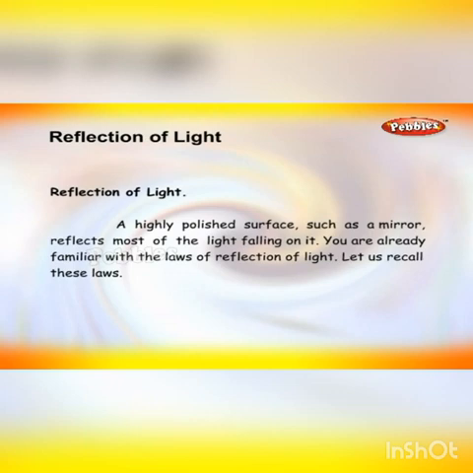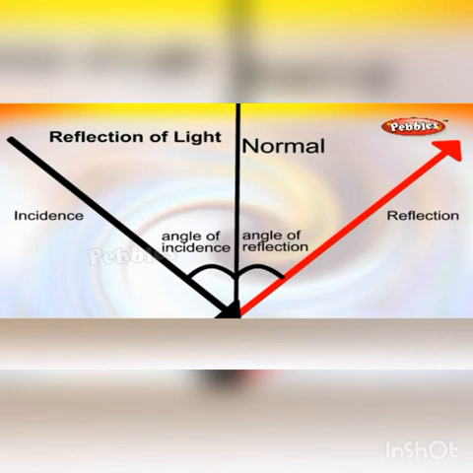Reflection of light. A highly polished surface such as a mirror reflects most of the light falling on it. You are already familiar with the laws of reflection of light. Let us recall these laws. 1. The angle of incidence is equal to the angle of reflection, and 2.